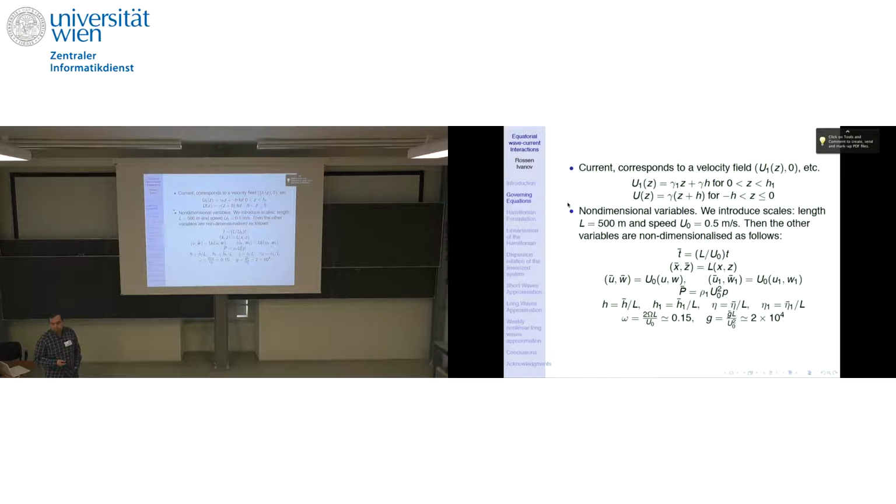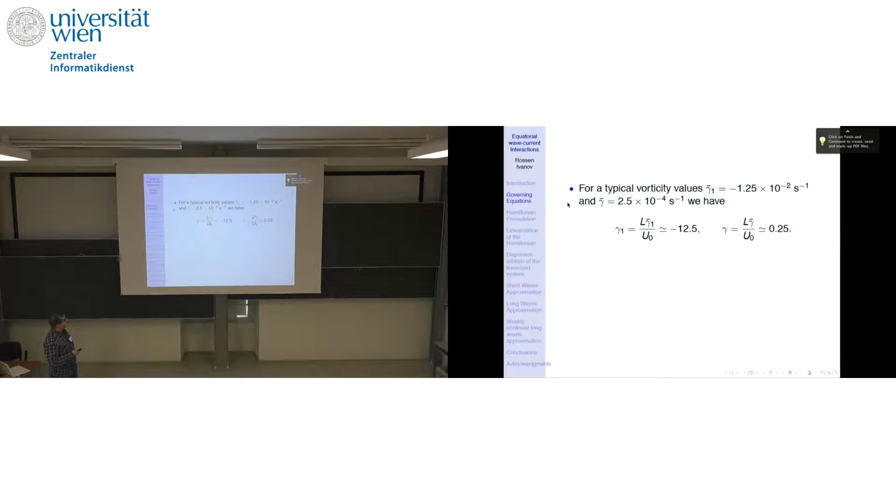But in the setup, is the top layer 500 meters thick or something? Actually, typical vorticity values will be like this. Typical top layer, something like 120 meters, and depth 4 kilometers, so the non-dimensional values are this.